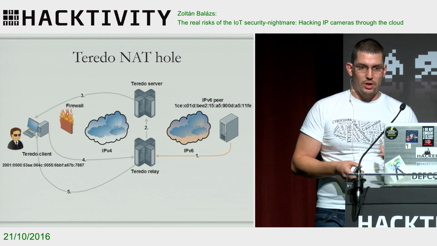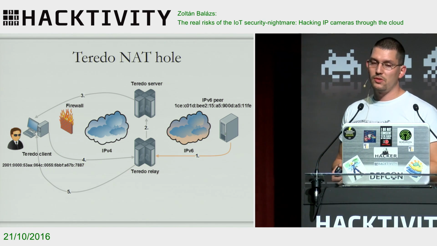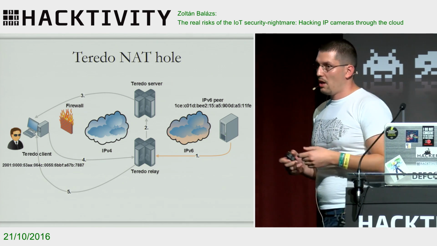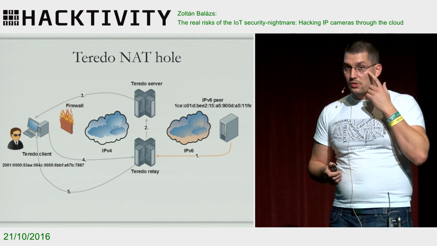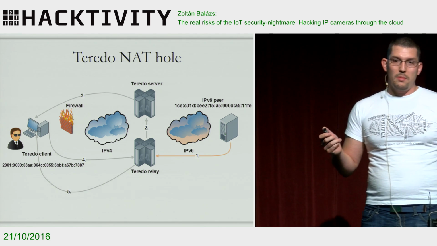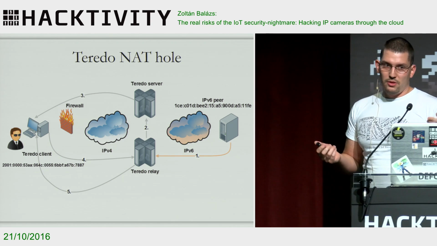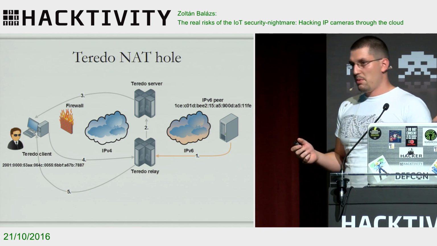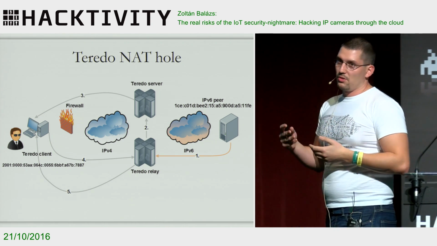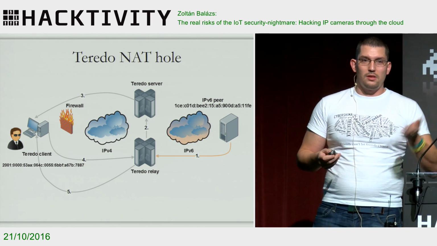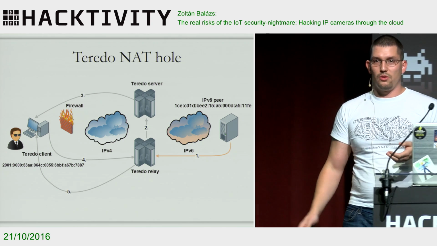So please try to connect to this IPv6 peer through the Teredo relay. And after this connection works, the IPv6 peer and the Teredo client can communicate, even though by default one is on the IPv4 internet, the other one is on the IPv6 internet, and the client is behind home router NAT.